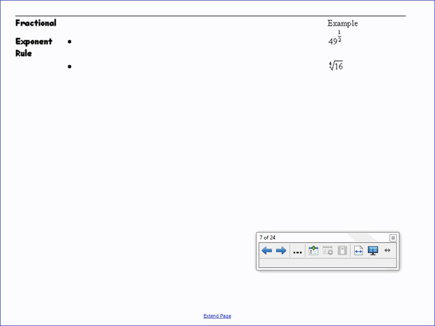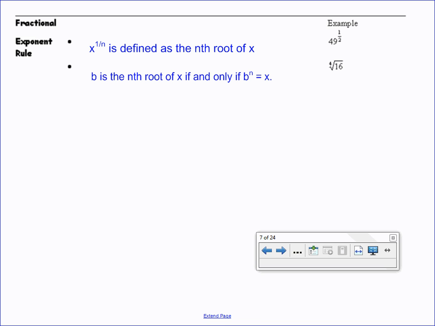Everybody with our green sheet, let's go ahead and add our definition for our fractional exponent rule. In our green sheet, this is the one that we skipped at the bottom of page 2. So we're going to define x to the 1 over n to be the nth root of x.